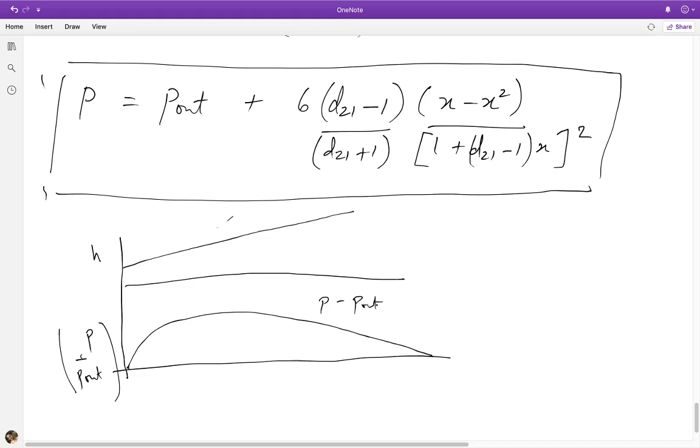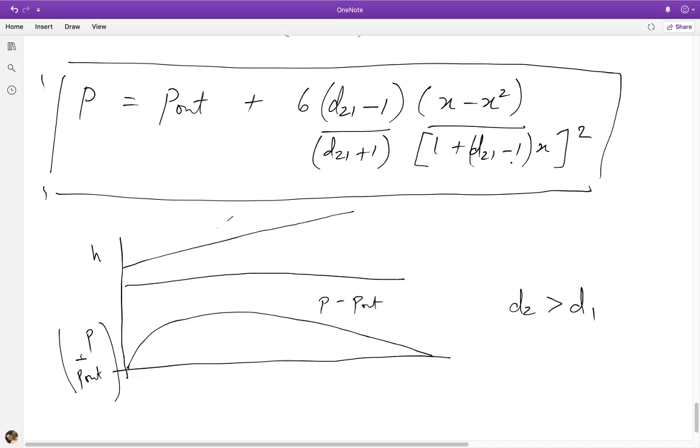Now this pressure difference was positive purely because D2 over D1 minus 1 was positive. On the other hand, this is of course if D2 is greater than D1, right?